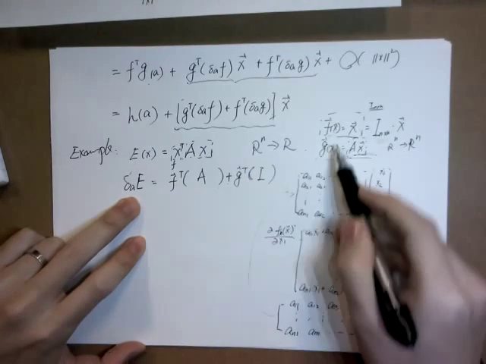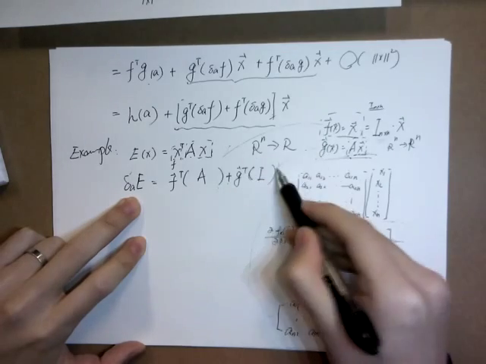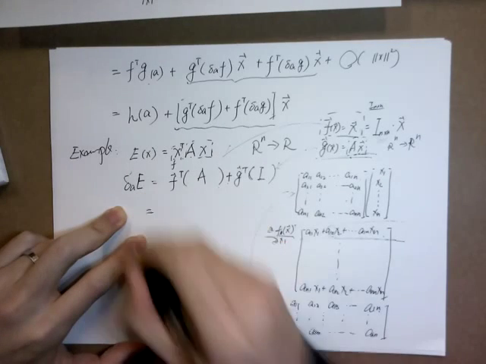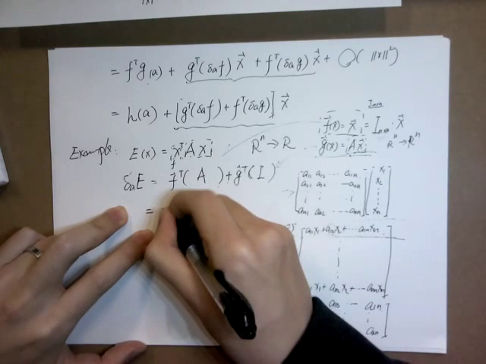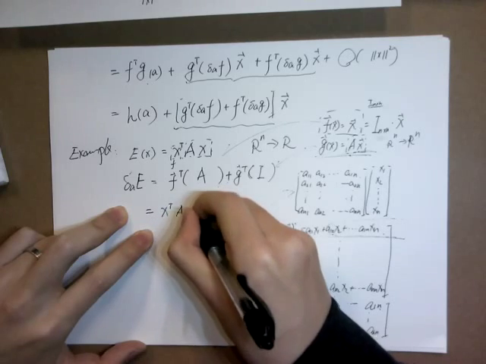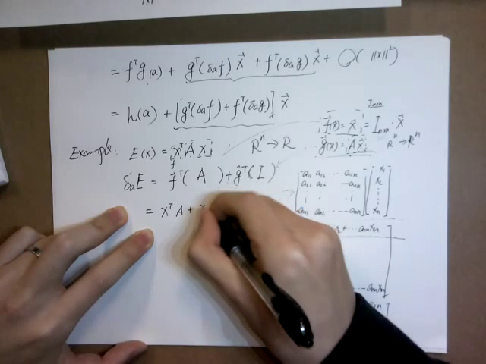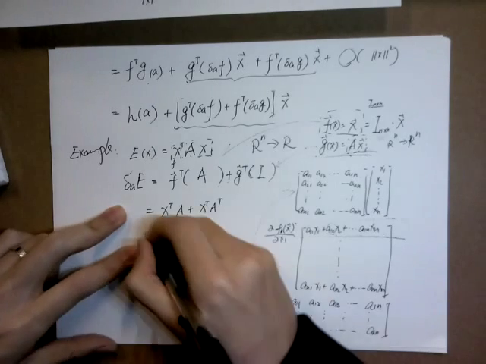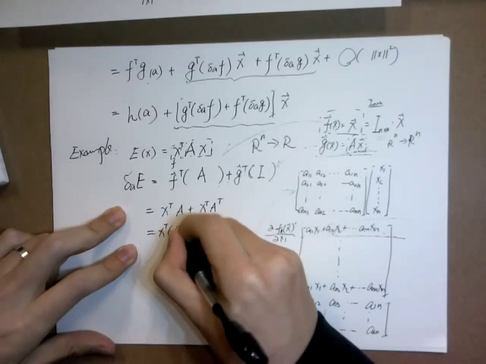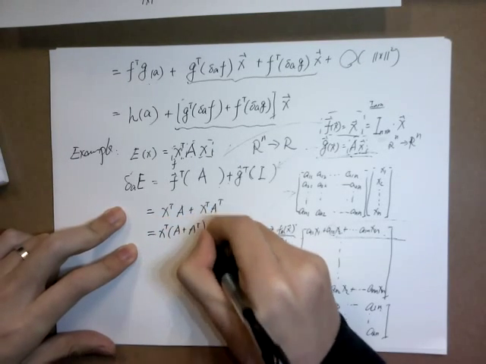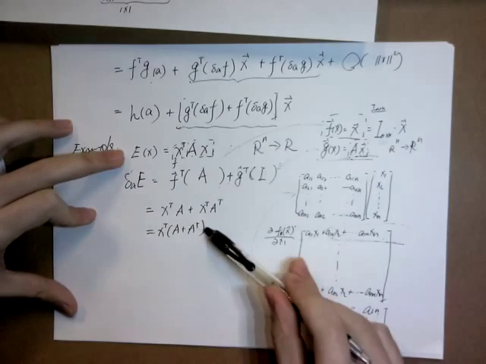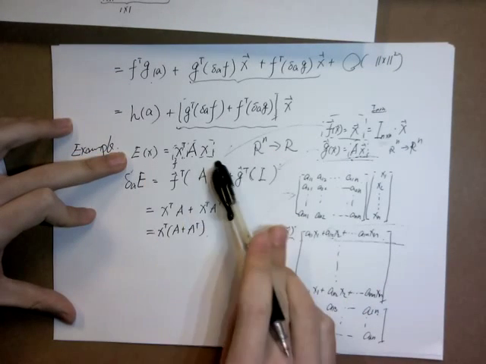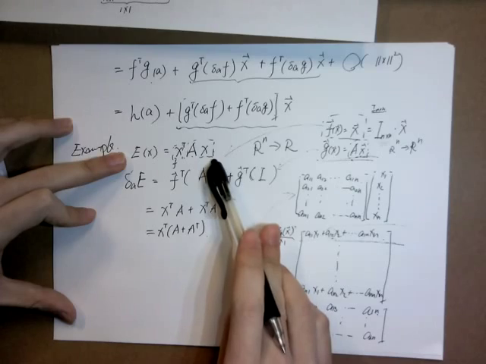Then we just copy back f and g to make this x transpose A plus x transpose A transpose. It's x transpose times A plus A transpose. And this is the total derivative of my function E(x) equals x transpose Ax.